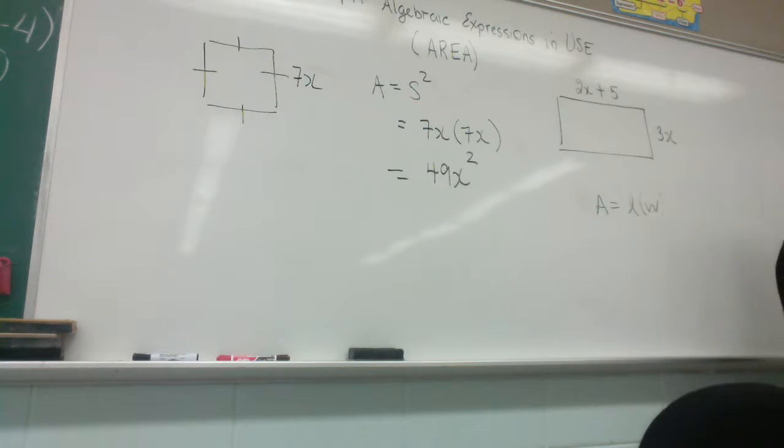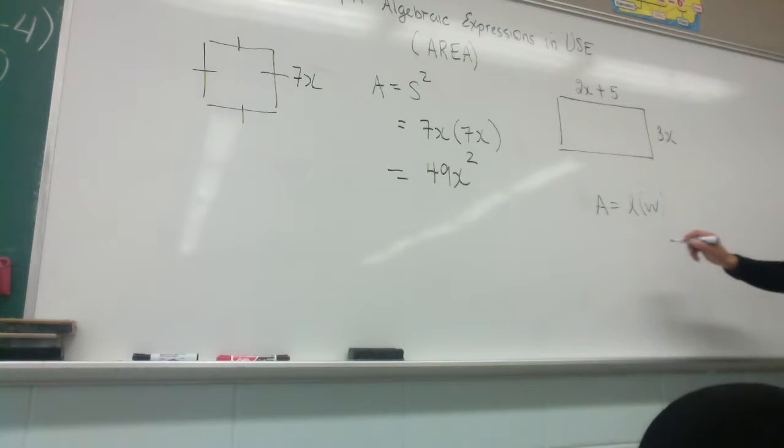Width times length, length times width, it doesn't matter. I removed the times so that we don't get it mixed up with x. So would we be able to find the area of this rectangle? Now remember, I'm not getting an answer with a numerical value. I'm just getting an answer in algebraic expressions, which can sometimes be reduced.